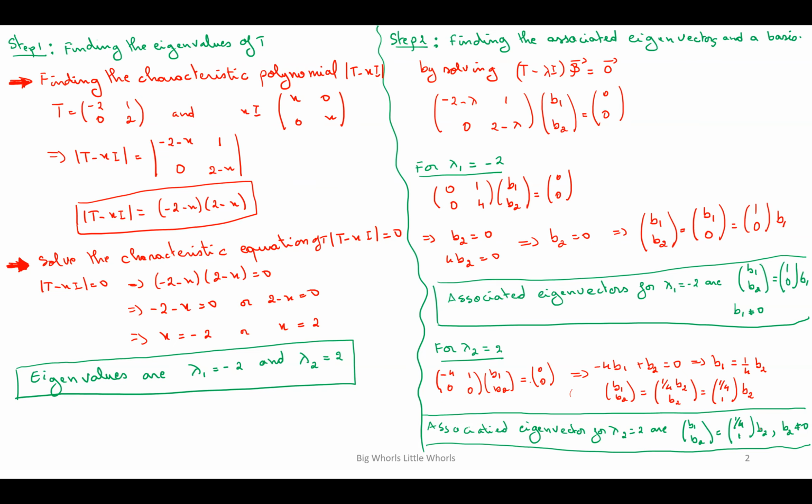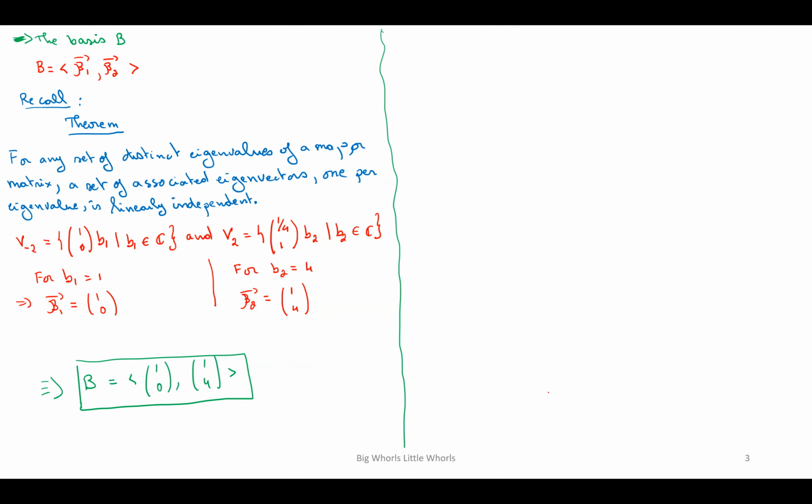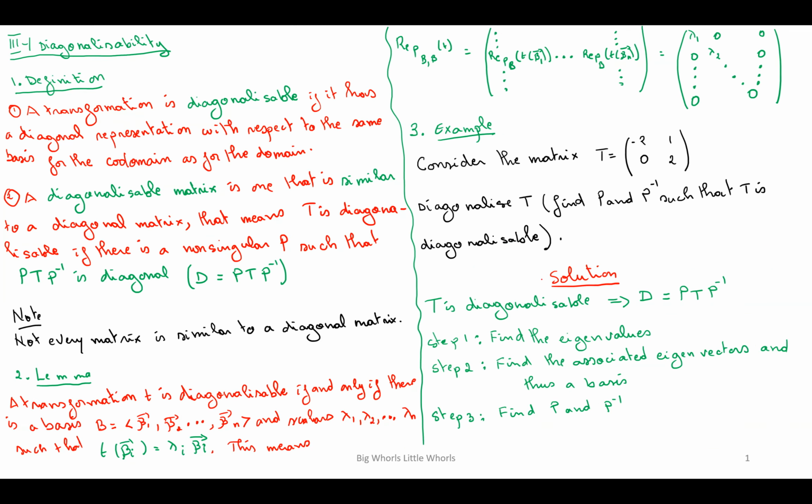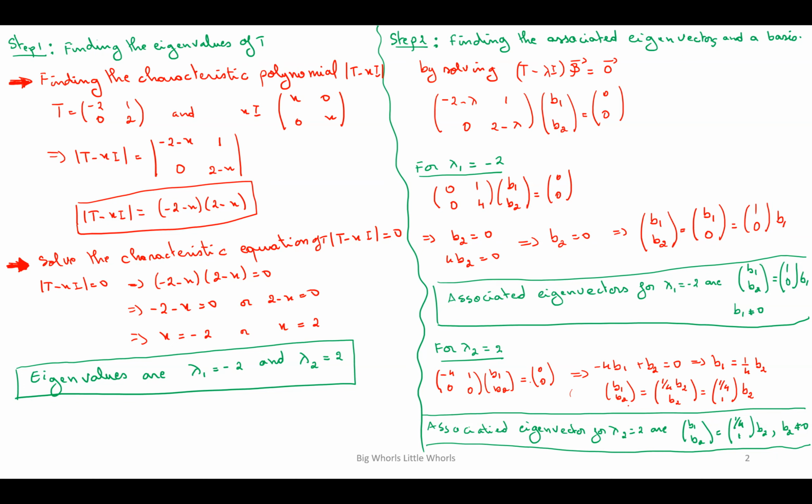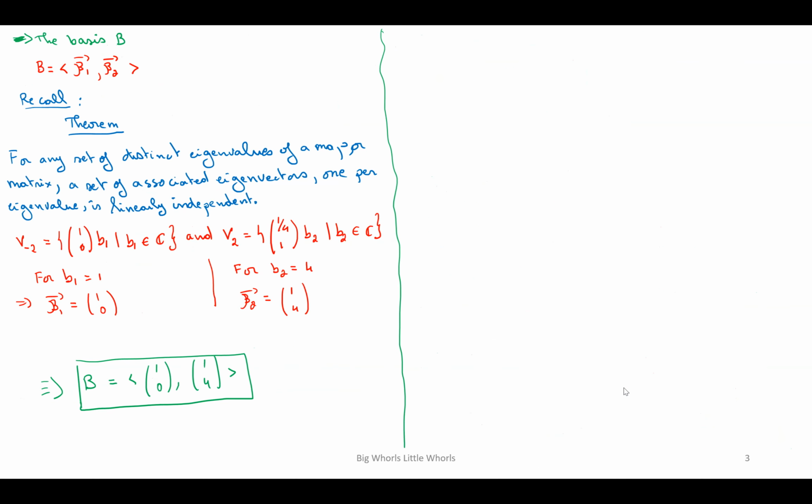Okay, that's good. I think we can continue. As we said, we need to go through 3 steps. We have done the first steps, we found the eigenvalues, the associated eigenvectors and the basis, and step number 3 is to find P and P inverse. Okay, let's go. How do you find P and P inverse?